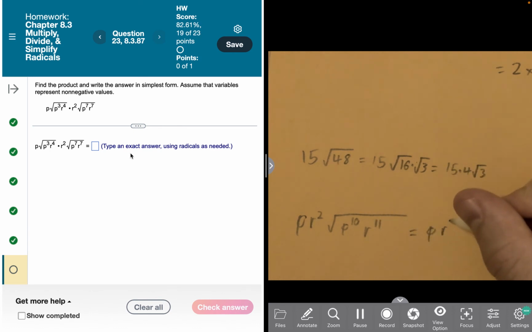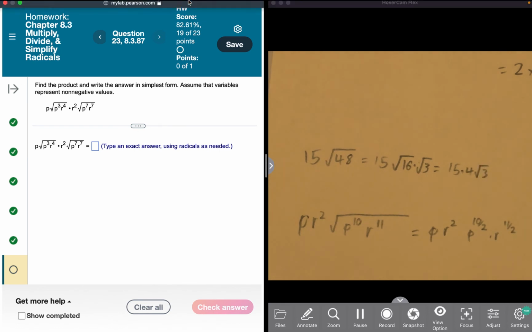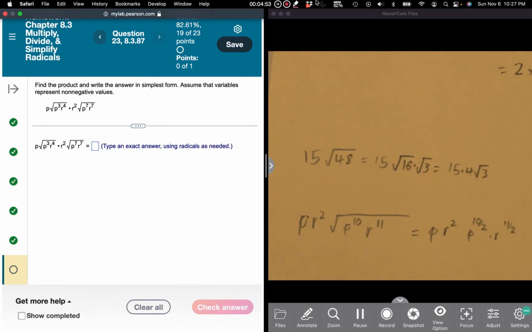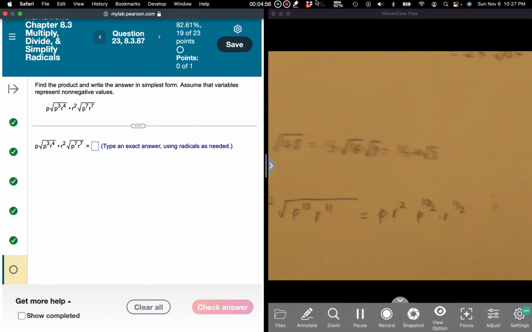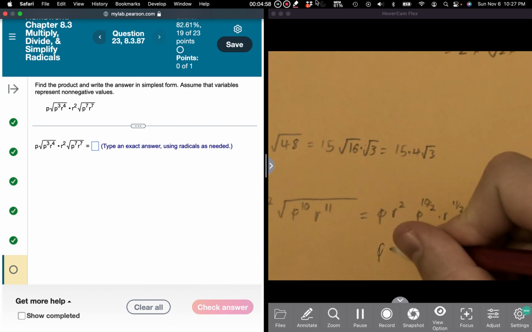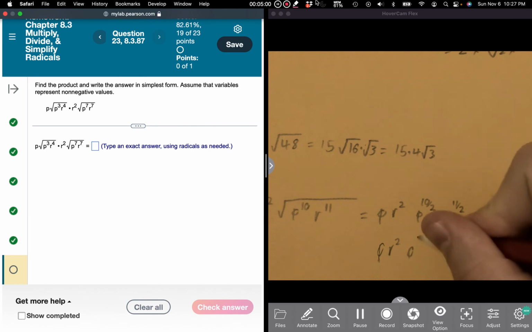So we've got a p, we've got an r squared, we've got a p to the 10 over 2, and an r to the 11 over 2. All right, and so we've got the p r squared. That's going to be p to the fifth. That came out cleanly. And we're going to have an r to the fifth, but a remainder of 1.